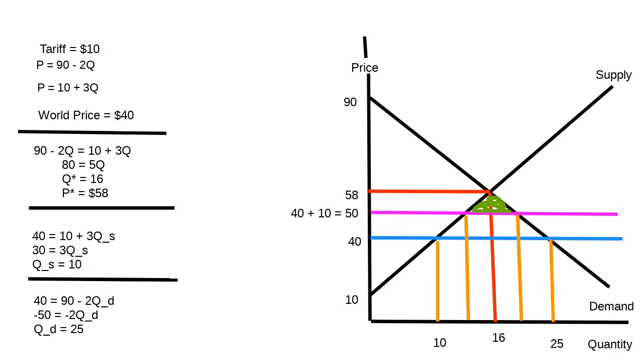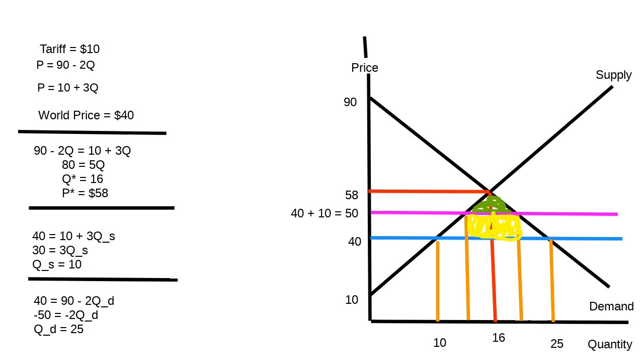We know that this part here, this rectangle, this is what we call government revenue, right? Because this is the new imports. Even though quantity demanded has decreased, quantity demanded is still higher than quantity supplied. So there's still going to be imports in this market. It's just that they're smaller, but there's still a tariff on those imports, right? And so you have whatever the size of the tariff is, in this case it's $10 times the imports, that gives you the government revenue.